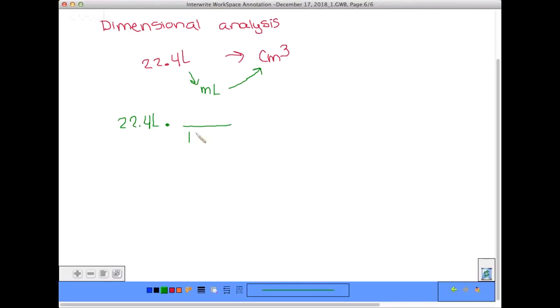I know that 10 to the negative third liters is 1 milliliter, and I also know that 1 milliliter is 1 cubic centimeter. This is something that you guys should know, especially from when we talked about density. Notice that our units cancel out. All I need to do is divide this by 10 to the negative 3, and what I get is 22,400 cubic centimeters.